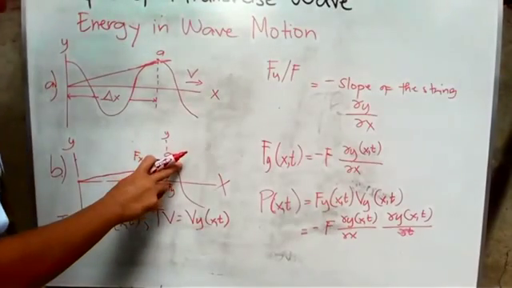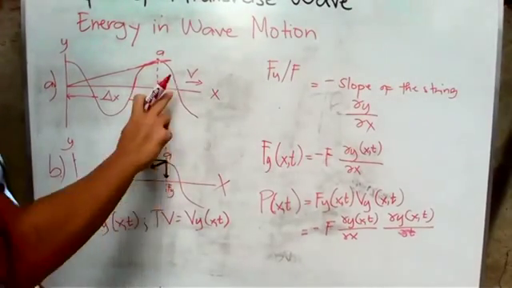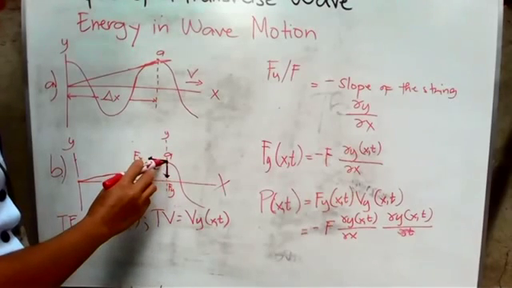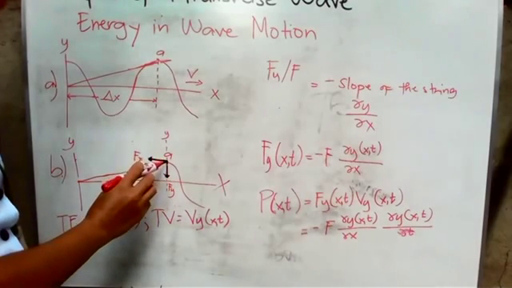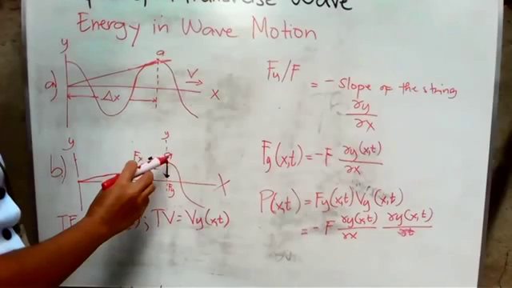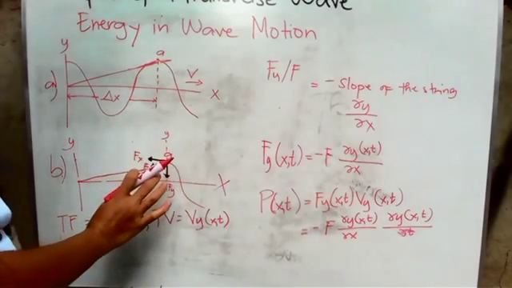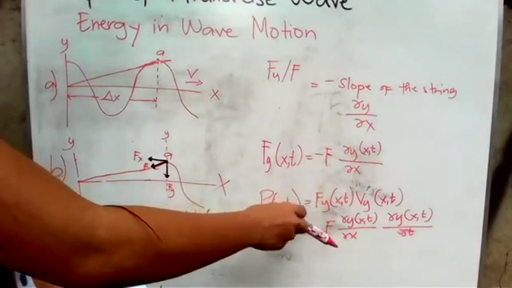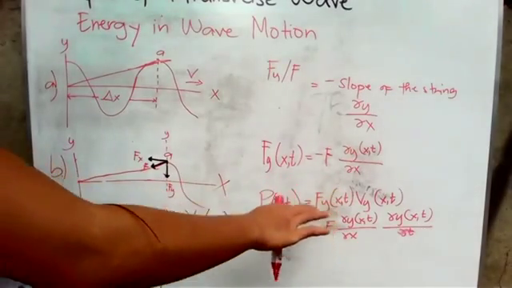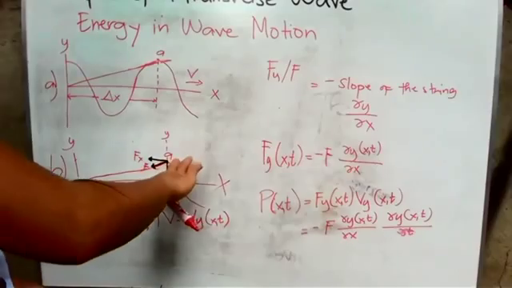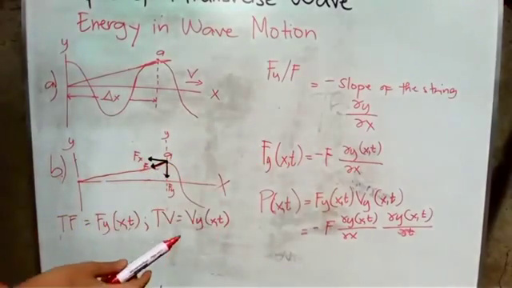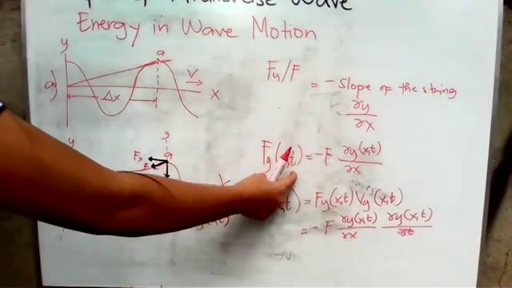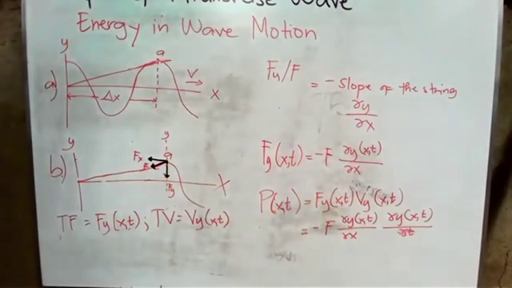When point A moves in the y direction, the force Fy does work on point A, and therefore transfers energy into the part of the string to the right. The corresponding power, or the rate of doing work at point A, is the transverse force Fy as a function of x and t times the transverse velocity.